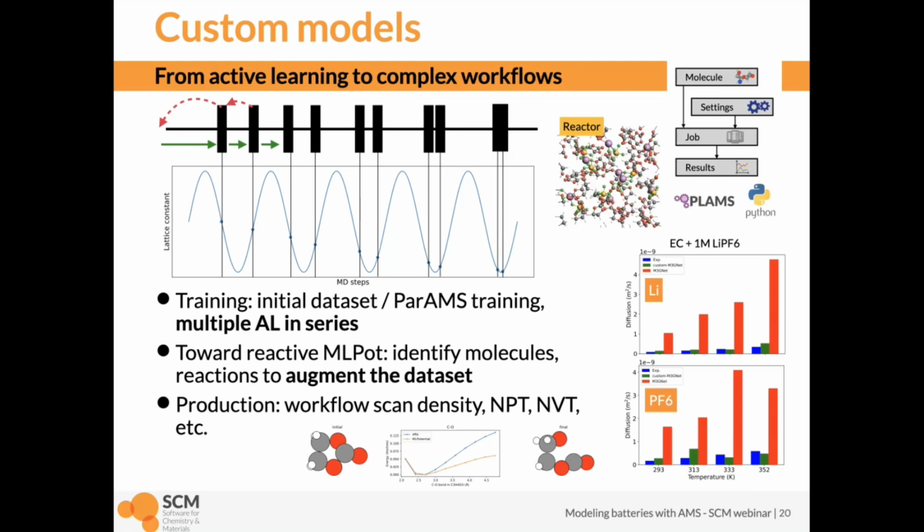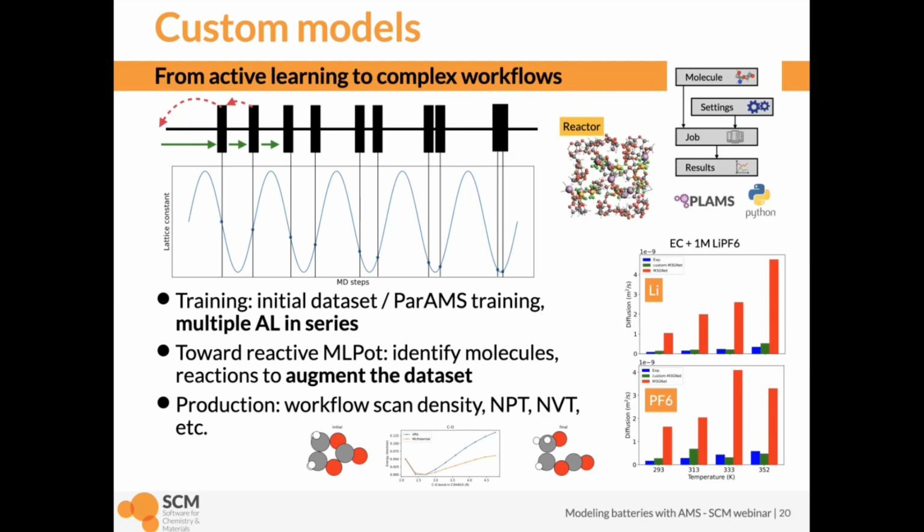So I really tried to span the different volumes, and I basically learned the proper density of the electrolyte here. You can see the diffusion at different temperatures that I'm showing at the bottom right for lithium and PF6. In red was the universal model, which was several factors wrong. But by just running this active learning automatically, I can get the proper diffusion.